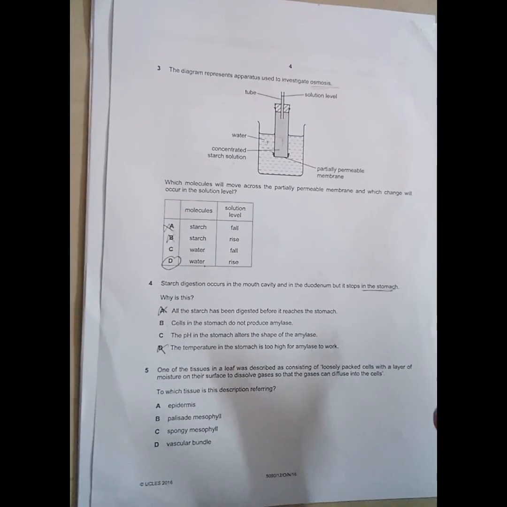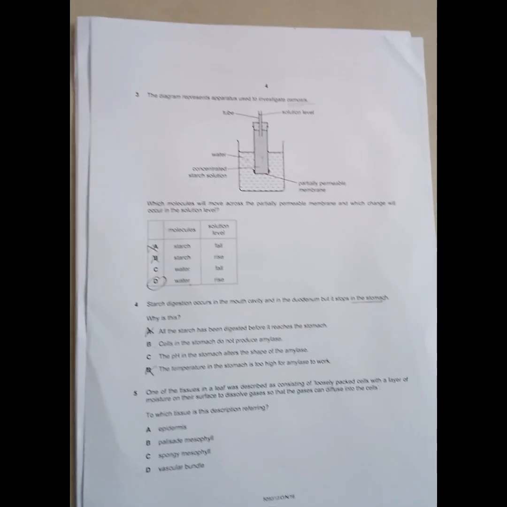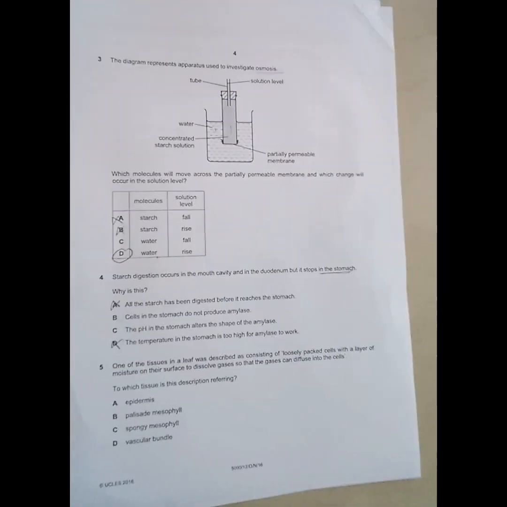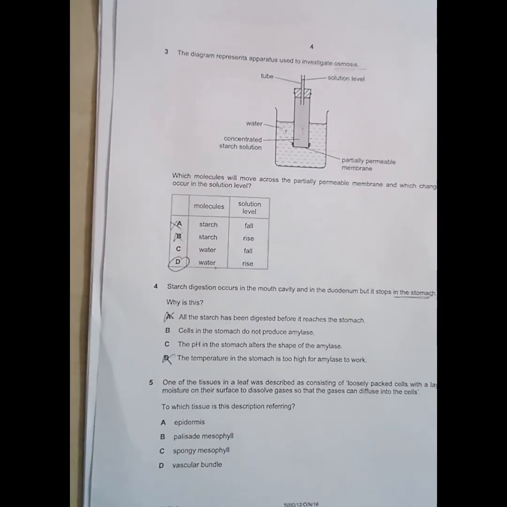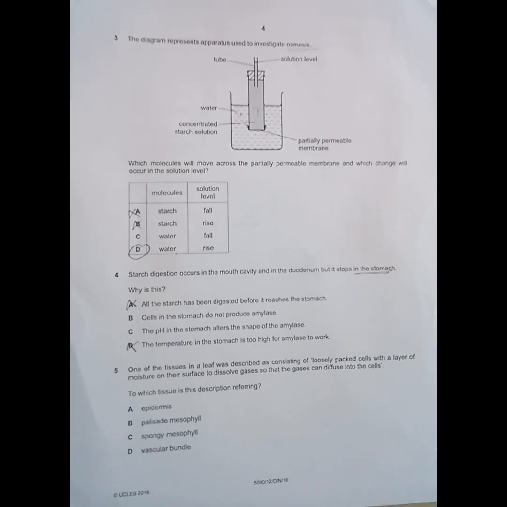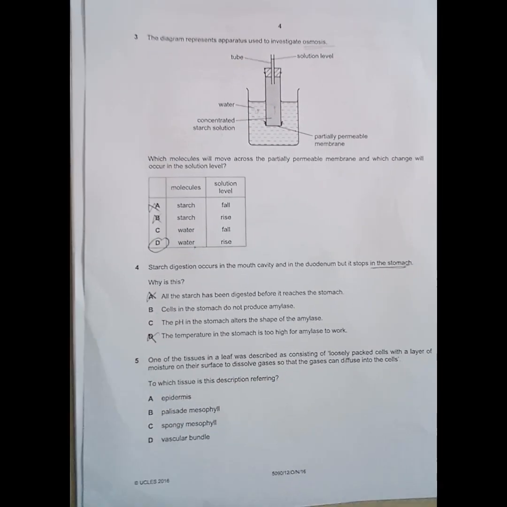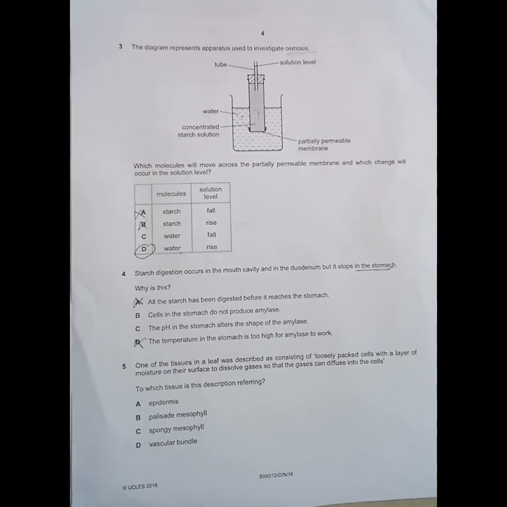If you read them once, you think that both can be the answers, but if you read them again, you have to understand that it's not about being able to produce the amylase or not. It's clearly written even in the book that when the food reaches the stomach, the amylase action is still going on. So even if the stomach cells do not produce amylase, amylase action will still be going on.